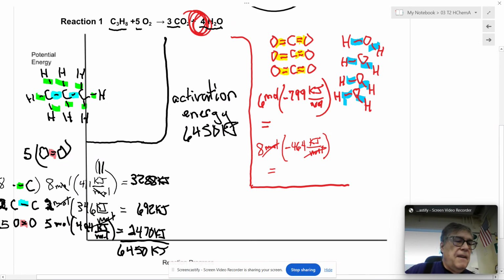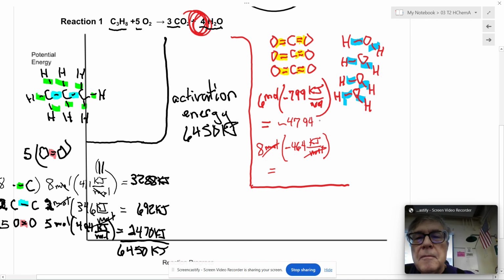So, let's see if I can find a calculator that is working. 6 times negative 799 is negative 4794 kilojoules.